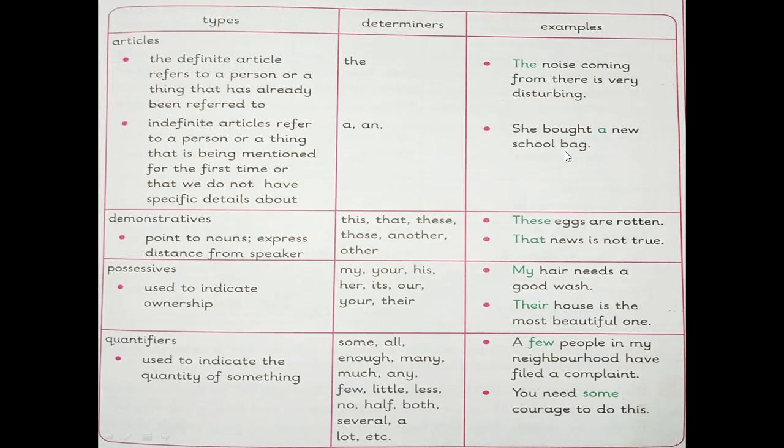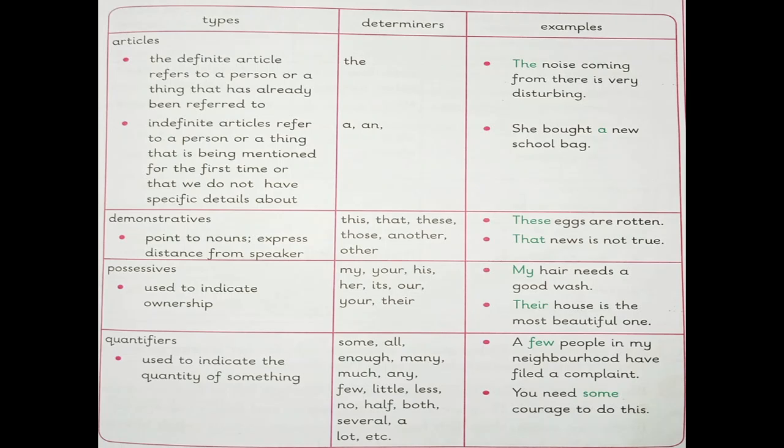school bag. Now students, as we had studied, we do not have specific details about that person or thing. So we also do not know over here how big the school bag bought by the girl was, which color, size, weight. We do not know anything about it.